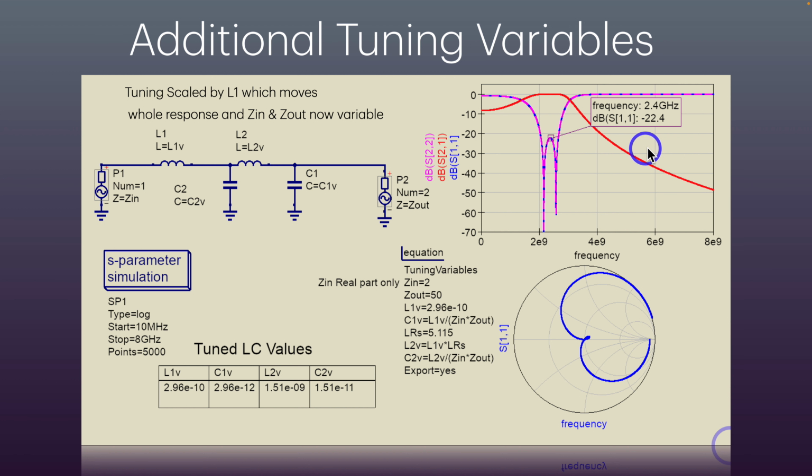That'll just move everything in frequency, so it becomes a scaling parameter for the whole response moving up and down in frequency. And then Zin and Zout are tunable. And in here I've added the output values for these components, so as you do the tuning with those sliders that I showed on one of the previous slides, you'll end up seeing these component values change.